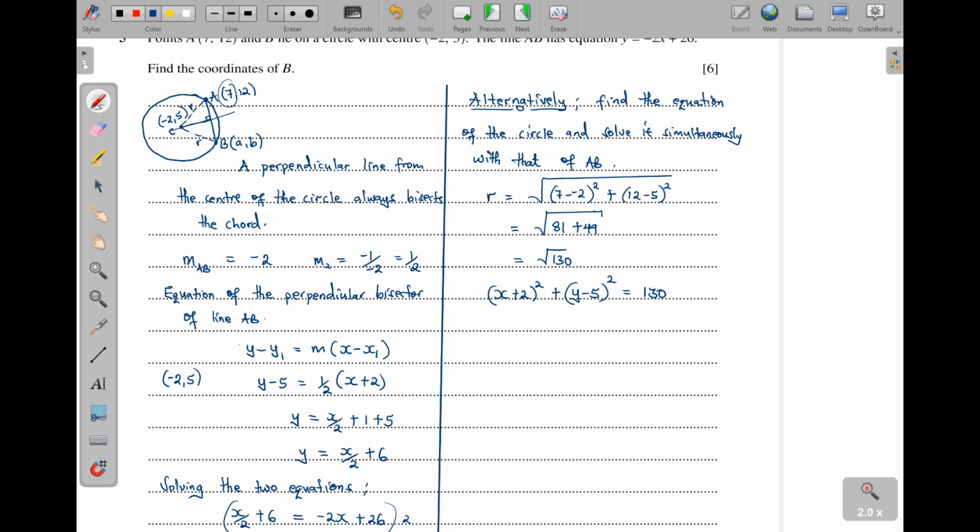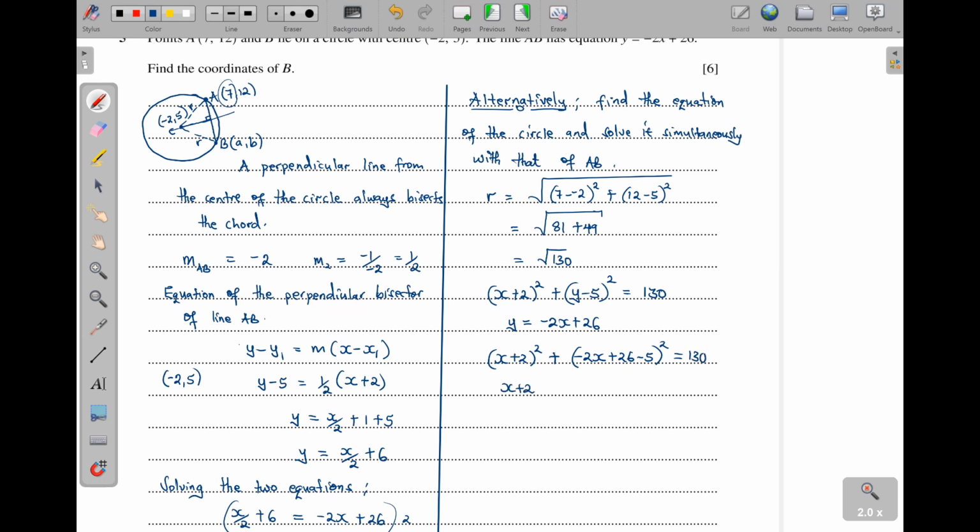Now, we are solving with this one here, y is equal to negative 2x plus 26. So where there is y, I'm going to put this. So we shall have x plus 2 squared, then plus minus 2x plus 26 minus 5, squared, is equal to 130.